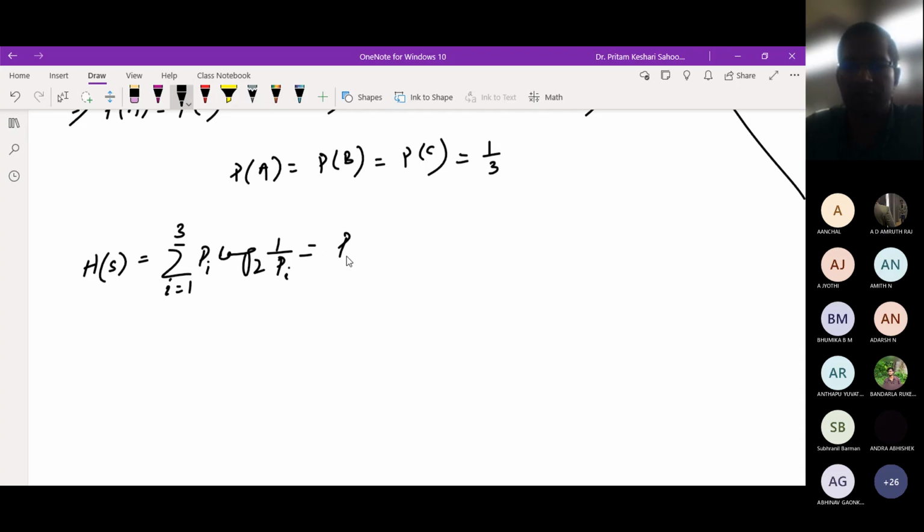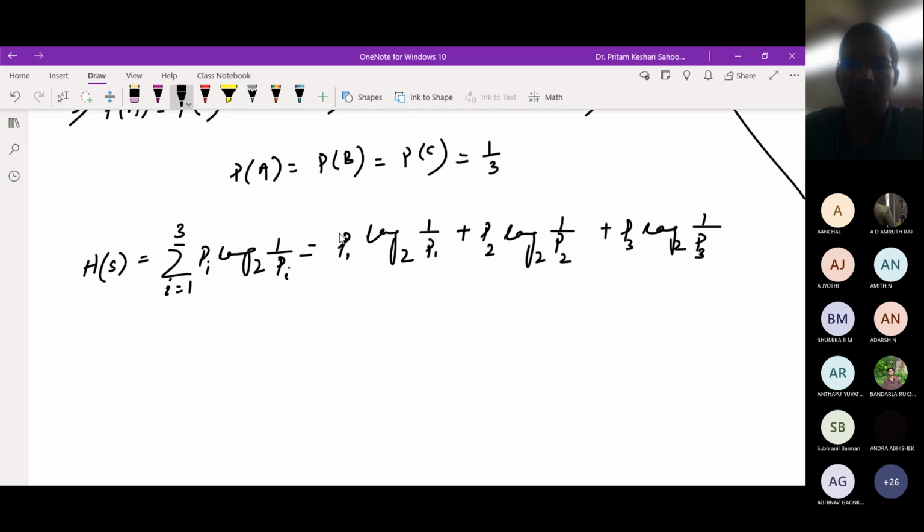So probability of 1 log base 2, 1 by probability of 1, plus probability of 2 log base 2, 1 divided by probability of 2, plus probability of 3 log base 2, 1 divided by probability of 3.